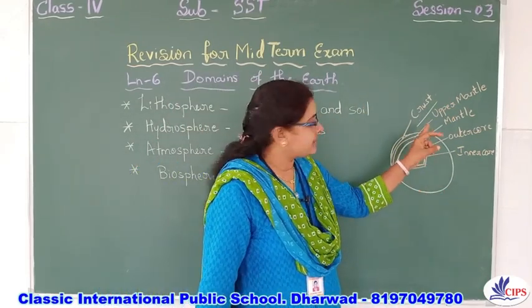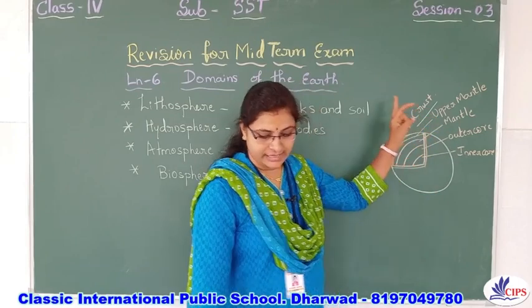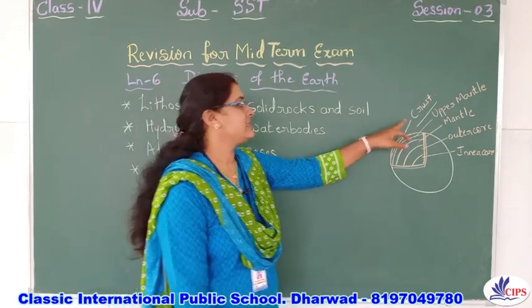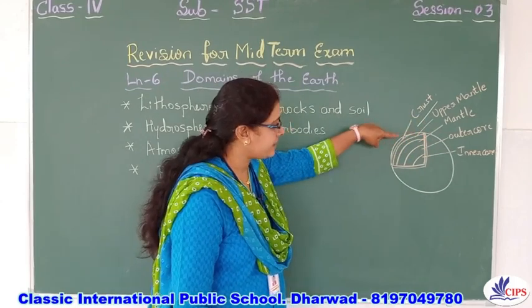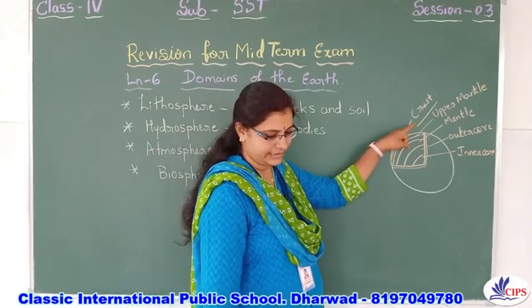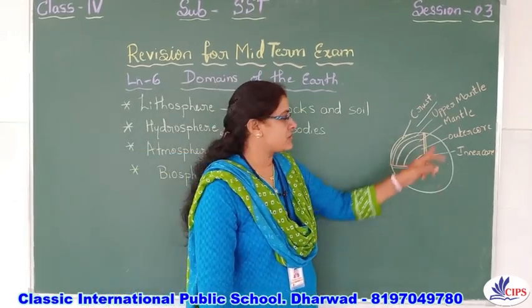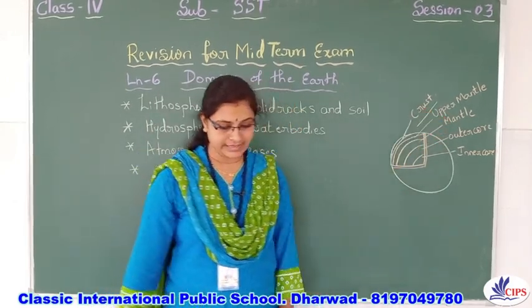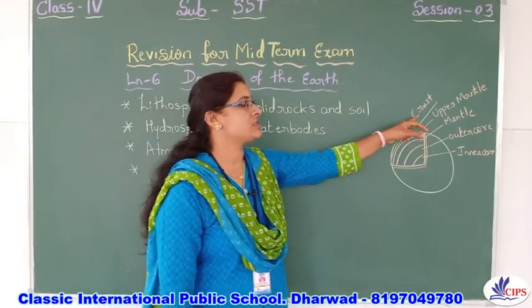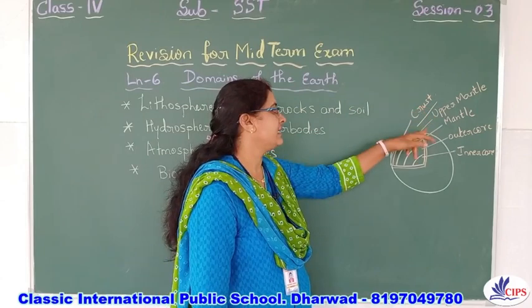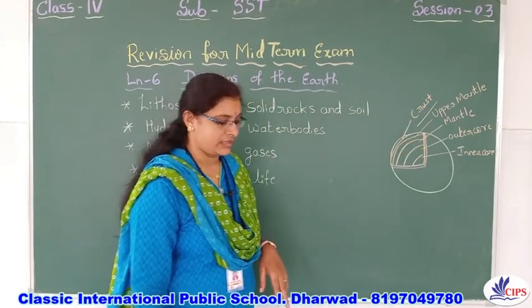The crust is the thin, hard, outer layer of the earth's surface. It is made up of solid rocks and layers of soil.